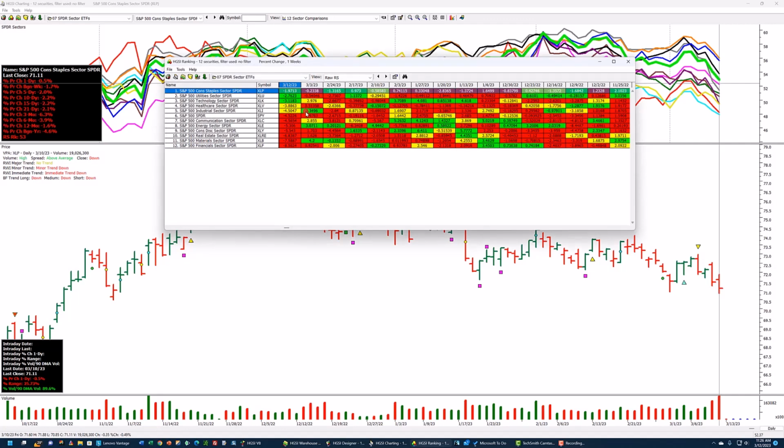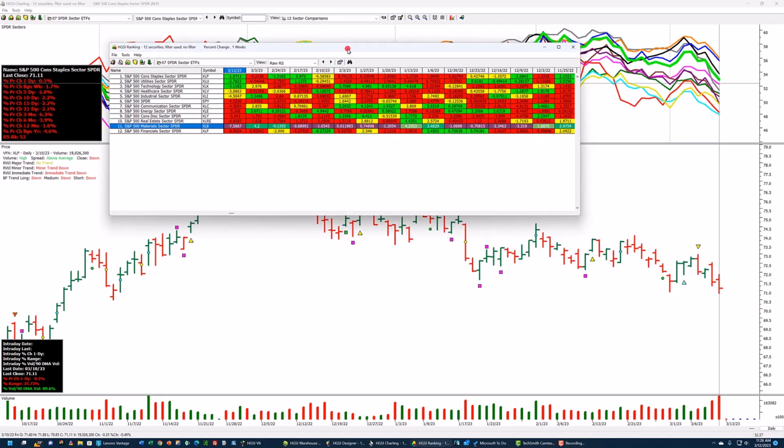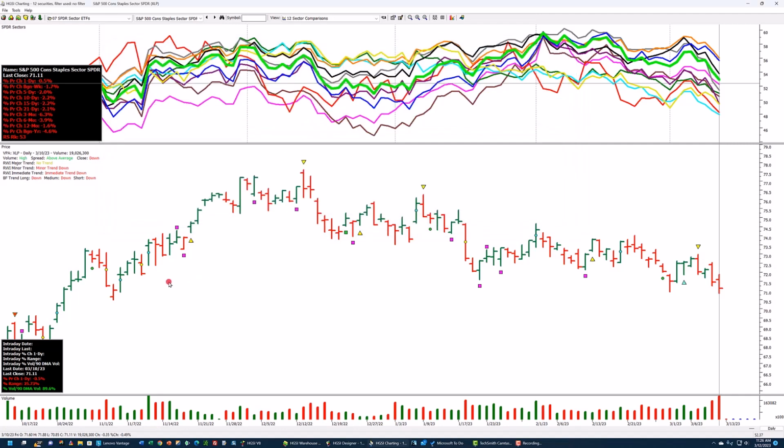You can see the consumer staples, the traditional safety group, fell the least, as did utilities. The financials were really hit hard, of course, down almost 8.5%. Just a tough week overall. But getting back to this chart, you can see the sectors moving together.